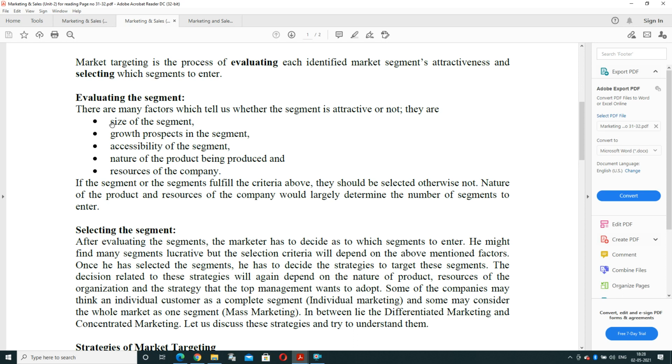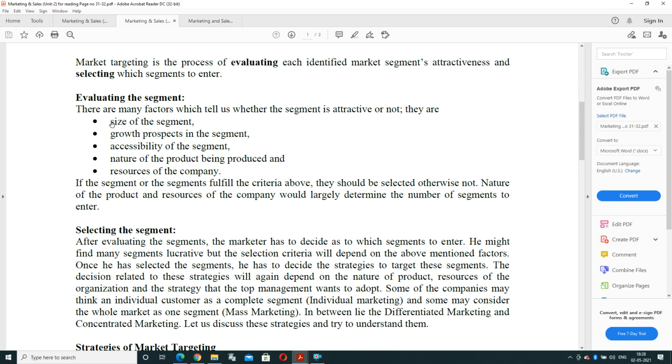Like, segmentation is done on the basis of the latest technology system, but we have previous-generation machinery. In that case, the segmentation cannot fit in our environment. We need to spend more and more money for that. So if the segment fulfills the above criteria, then they will select it, otherwise they will deny. So the nature of product and resources of the company would largely determine the number of segments to enter.